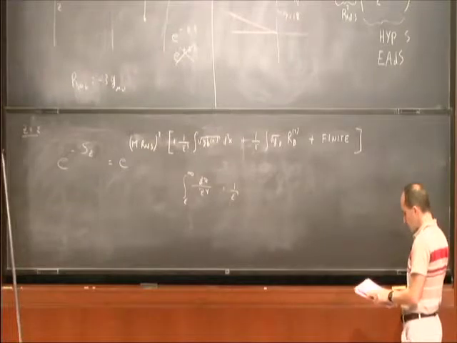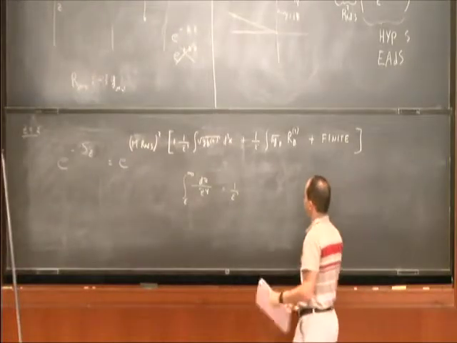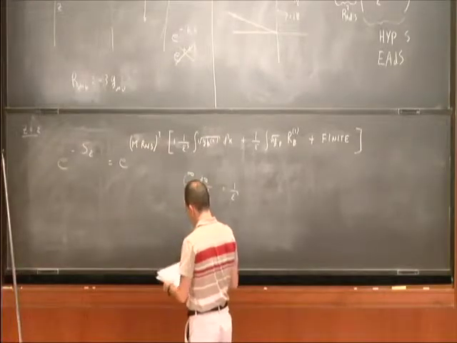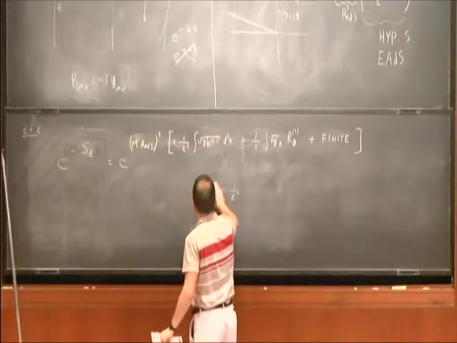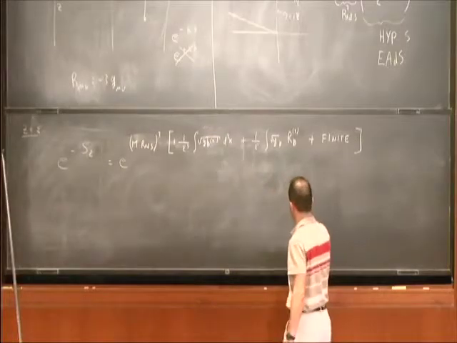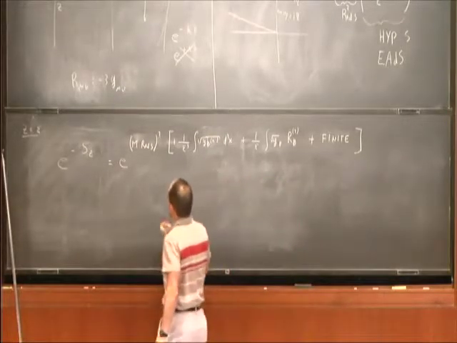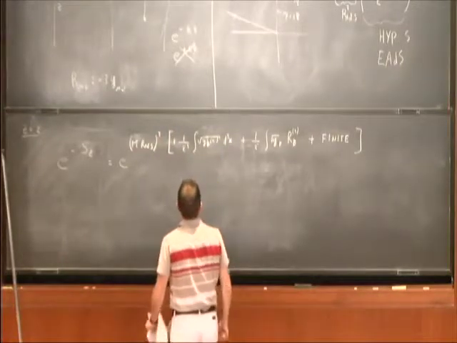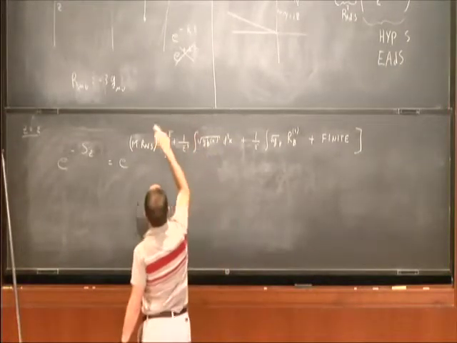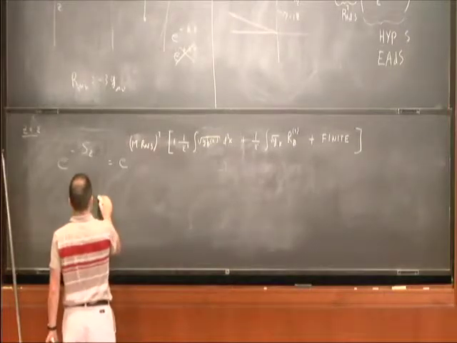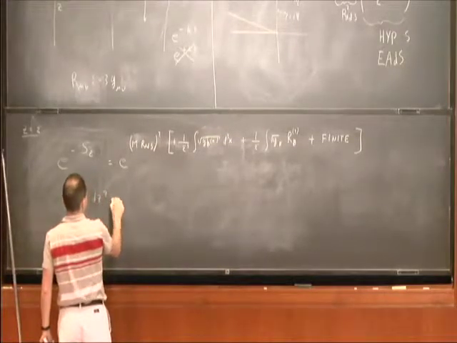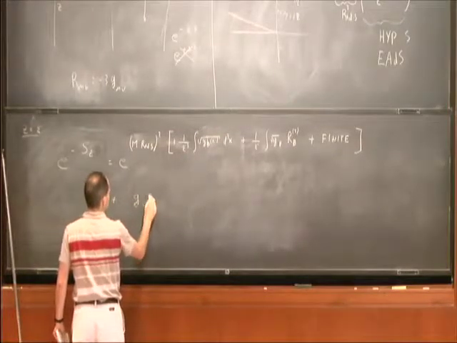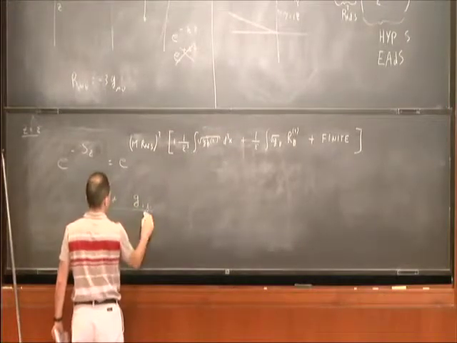In particular, notice something that will be useful a little later, but let me mention it now. We made an arbitrary separation here between epsilon and this boundary metric. If we go back to the original expression, we had the metric dc squared plus g_ij, divided by c squared, right?